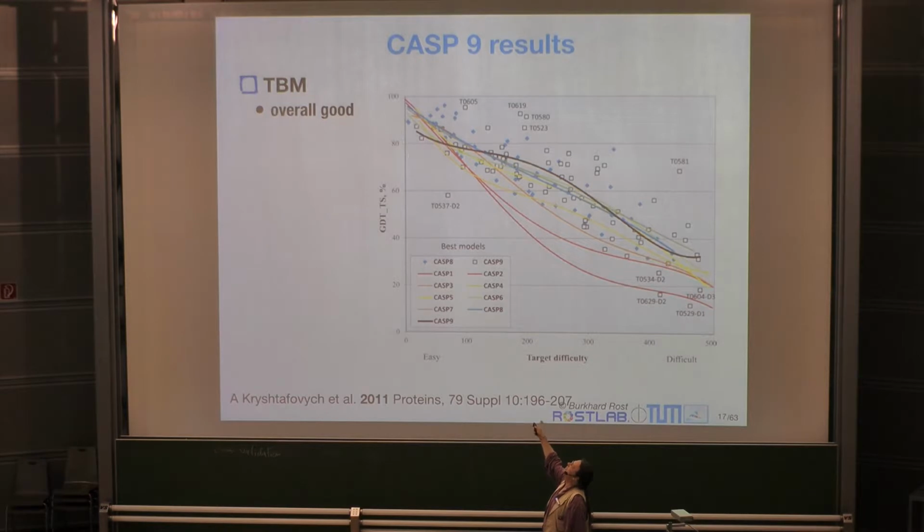And essentially we do better over the time, over the easy ones up here, over all the time. So all of these 10 years of CASP are essentially at the same points here roughly. And here in the hard ones we do a little bit better later. So we move from here to there. But essentially we still are way below what we can do for the easy targets. And the easy targets is simply defined as comparative modeling.